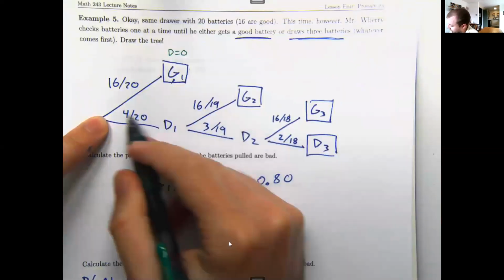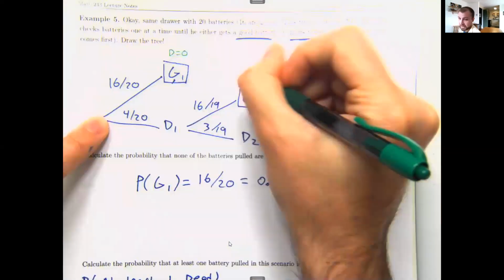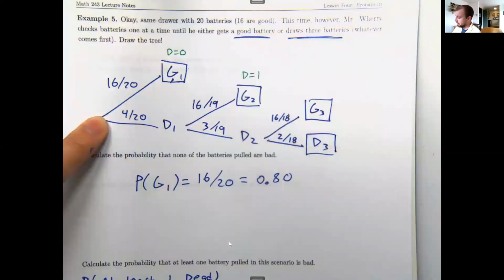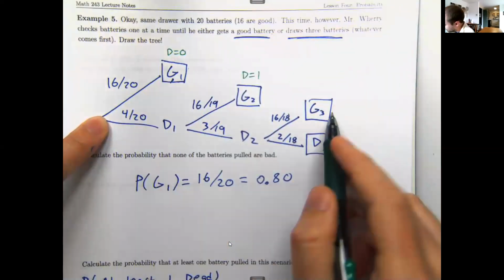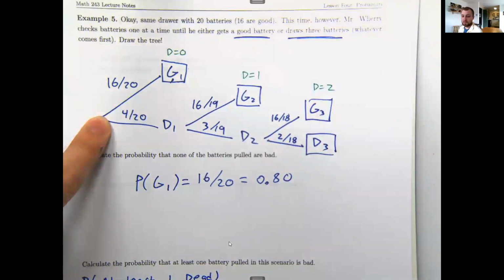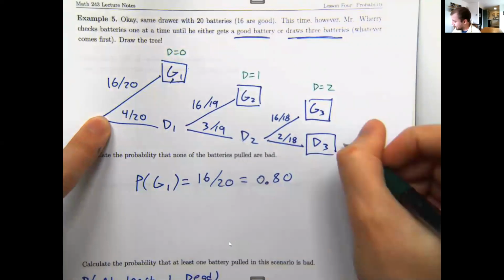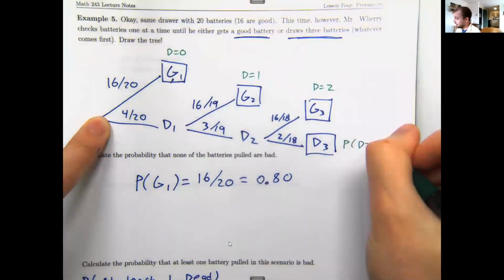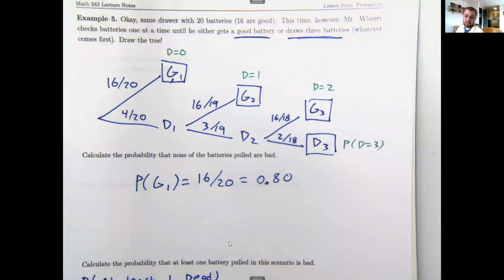Dead and then good, that had 1 dead battery. Dead, dead, good. That had 2 dead batteries in that sequence. Dead, dead, dead. That had 3 dead batteries in that sequence.